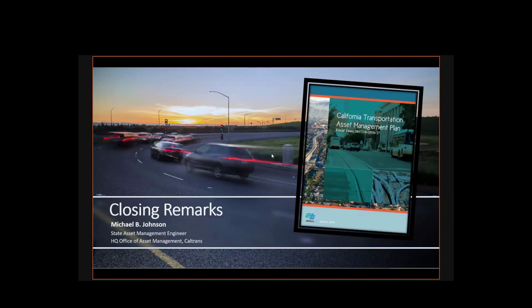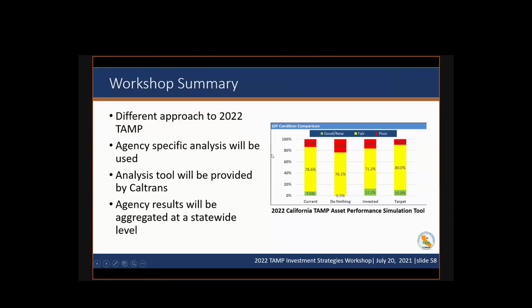Okay, so it's been a flurry of information. Let me try to get the big bullet points here. First off, we're taking a very different approach for the 2022 TAMP in that we've developed this tool. We'll be sending you the tool.